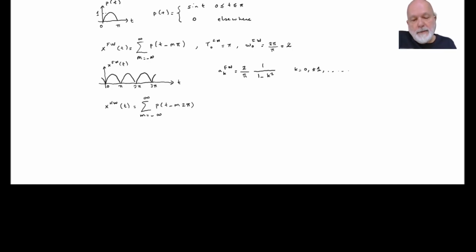Now, for the half-wave case, the fundamental period of the half-wave rectified sine signal is 2 pi. Therefore, the corresponding omega 0 for the half-wave case is 2 pi over 2 pi, which is equal to 1.